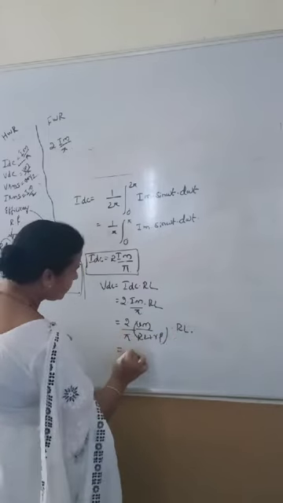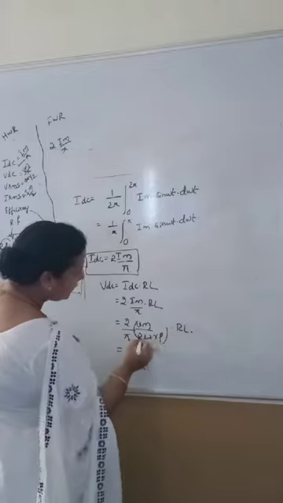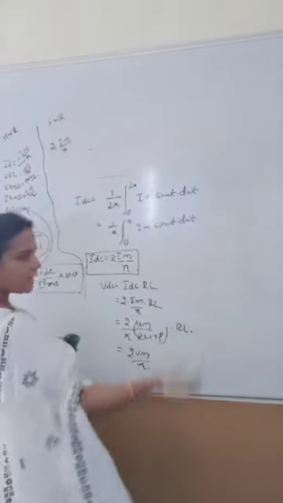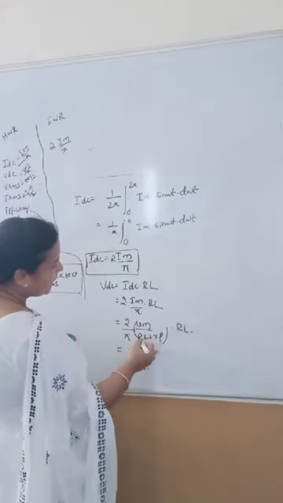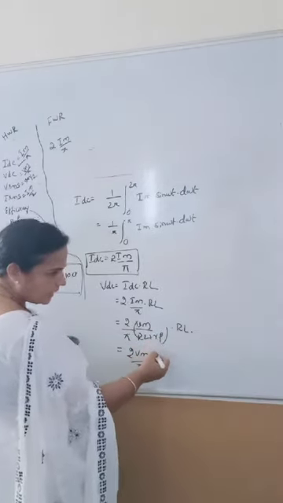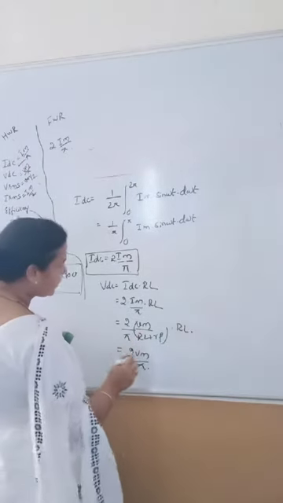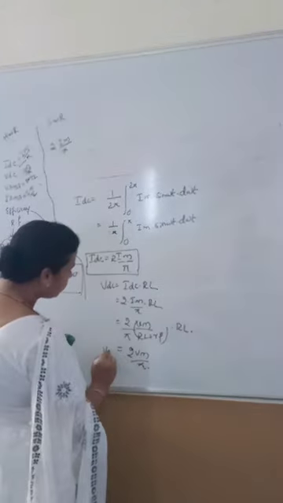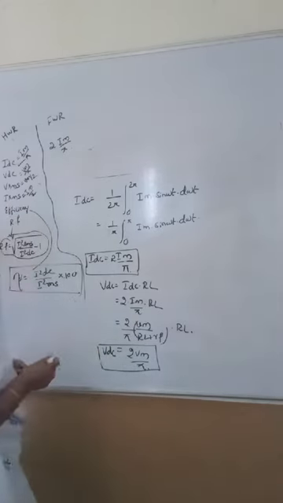So I'll write only this: 2 times Vm by pi, and this is going to be RL divided by RL plus RF. You take RL common, it is going to be 1 plus RF by RL. RF is very small compared to RL, so you are going to neglect it. So you will end up with VDC equal to 2 times Vm by pi.